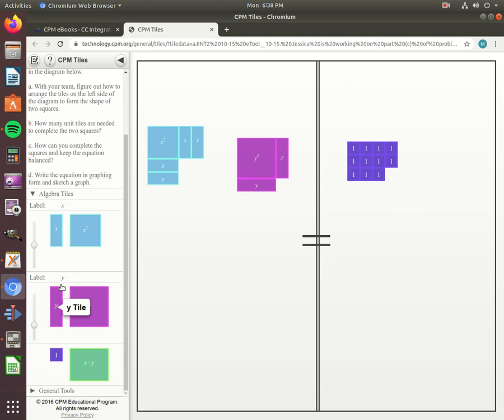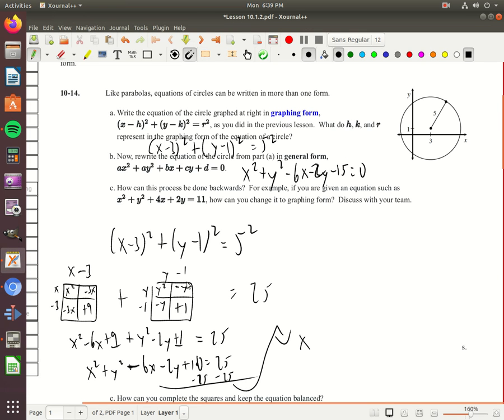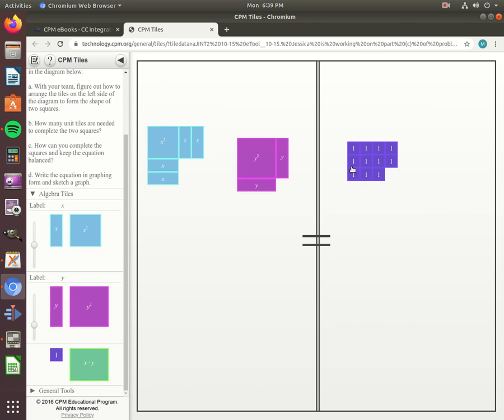So if we go over here, you can see, and I can't write on this, but this is x squared plus 4x, here's y squared plus 2y, and it's equal to 11. I've already taken the liberty of starting to complete these squares here. But if I actually want to complete the square, what do I need to do?